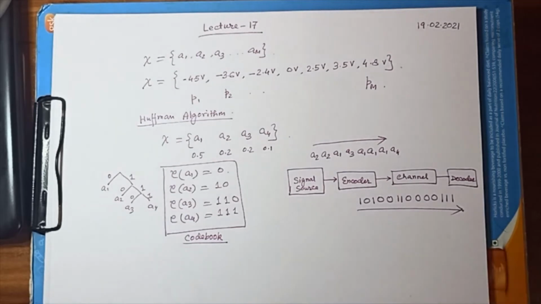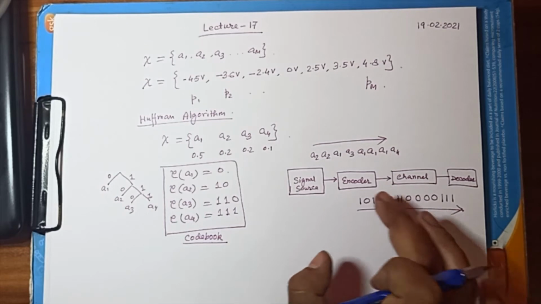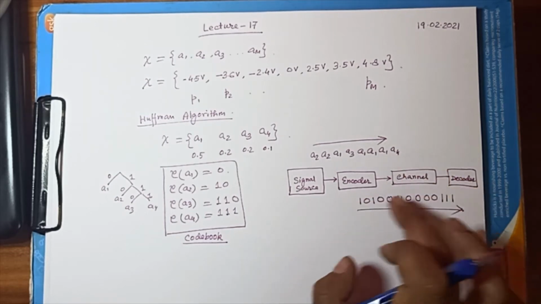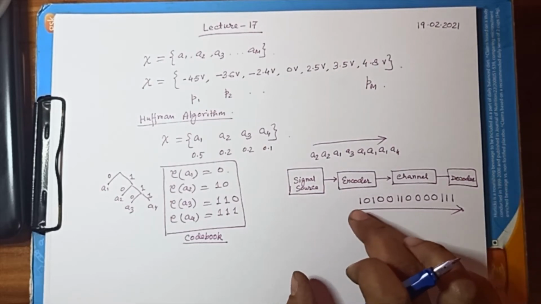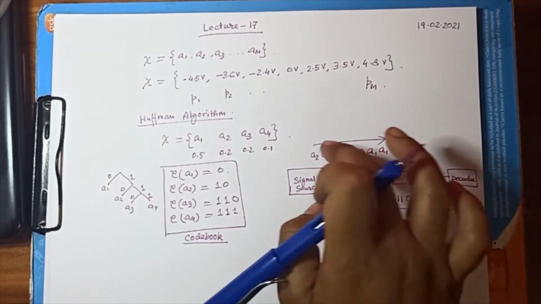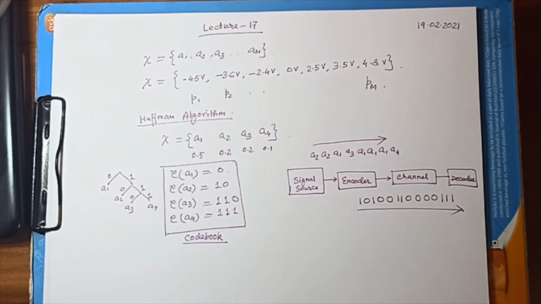And this process is without any loss, so you should be able to recover everything. If the channel does not include any noise and does not corrupt this sequence, and the decoder receives this sequence, the decoder should be able to get the symbol sequence back.